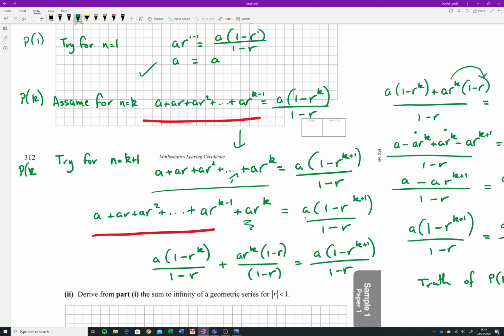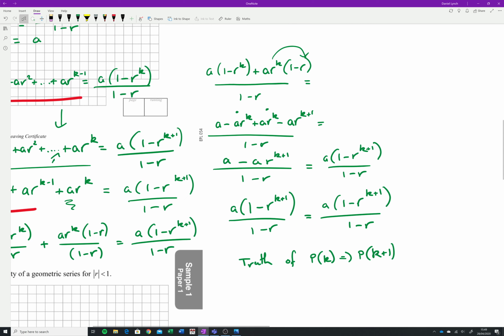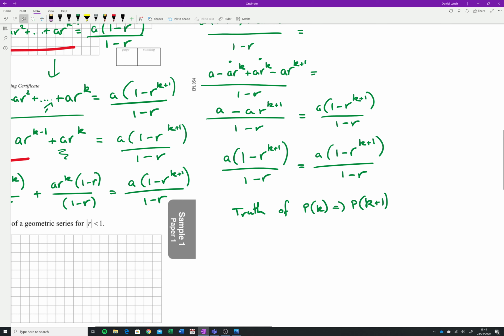This is proposition k plus 1, just so they know which one we're talking about. Remember, we go into k and put in k plus 1. I've done it on the left, just not on the right, and of course you've got to do both. So this just says proposition k implies proposition k plus 1, meaning that if it's true for any particular value, it will be true for the next value.